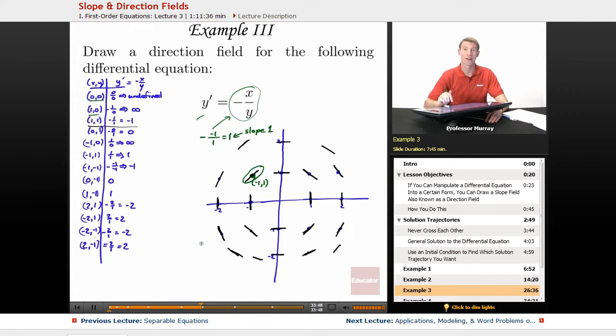We're also going to compare them with some actual solutions to this differential equation, and we'll see what kinds of solution trajectories correspond to different values of the constant. Now, I am going to use a computer-generated direction field in the next example, but it's just a computer-generated version of this same thing that we're drawing by hand here. So I want to stress here that the computer is not doing anything mysterious. It's just saving me time and drawing a slightly nicer graph than I could draw by hand. So let's go ahead and check that out.